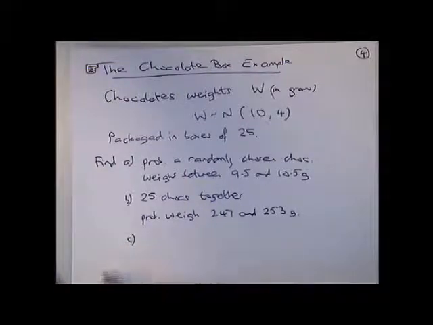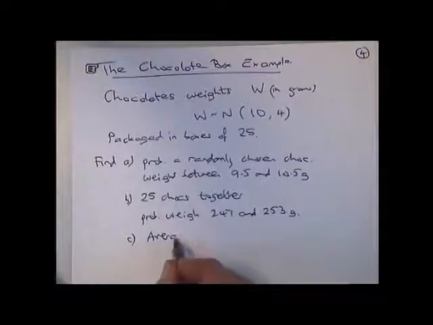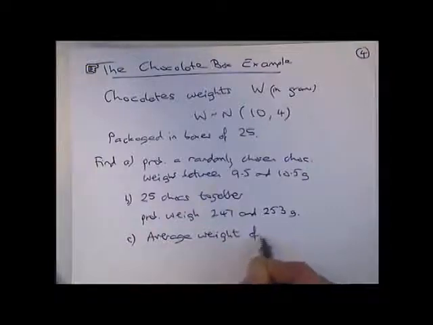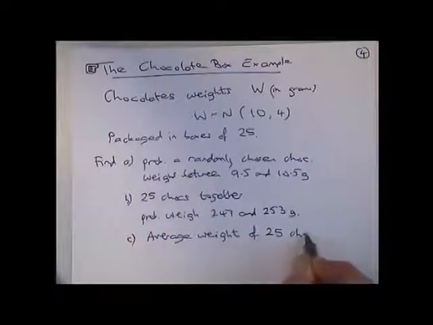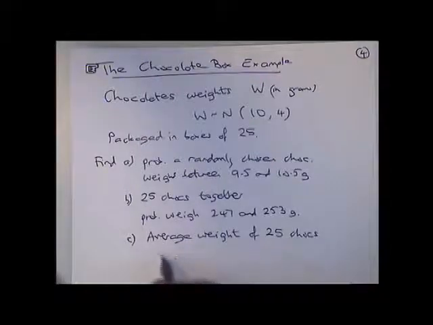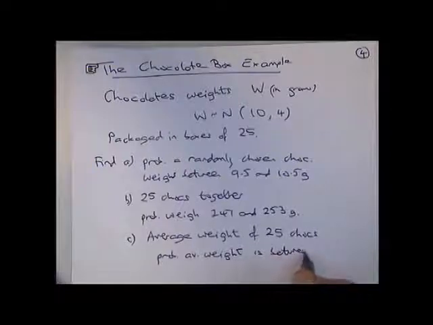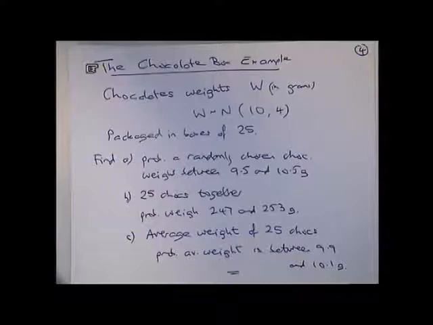And part C, we are going to look at the average weight of 25 chocolates, so a box worth of chocolates. We're interested in the probability of that average weight being between 9.9 and 10.1 grams.